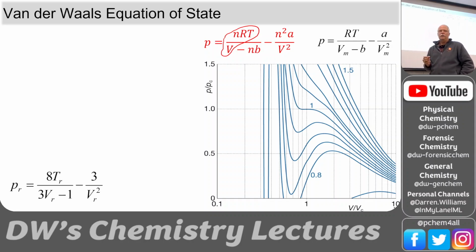And what van der Waals did was put in a term that corrects for the volume that the gas takes up in the room. So if you stuff enough gas in this room, eventually the pressure is going to be higher than expected, higher than ideal. Why would that be? Because there are other molecules in the room. Pressure is force per unit area, so think of a pressure gauge on the wall.